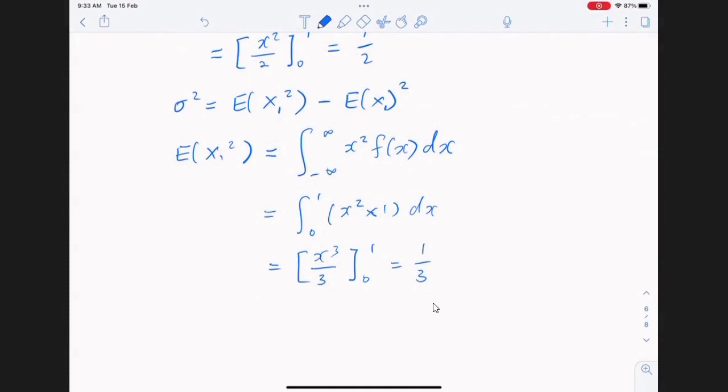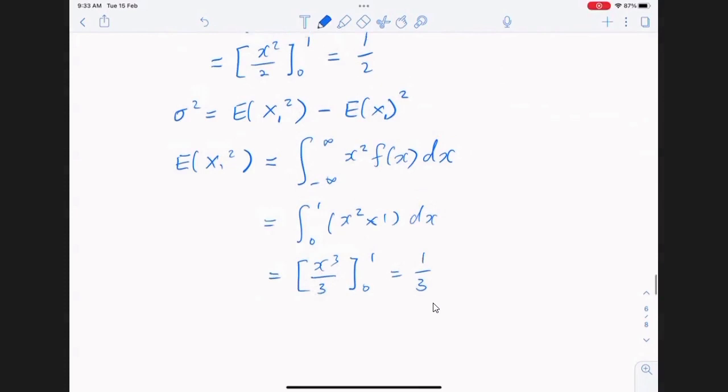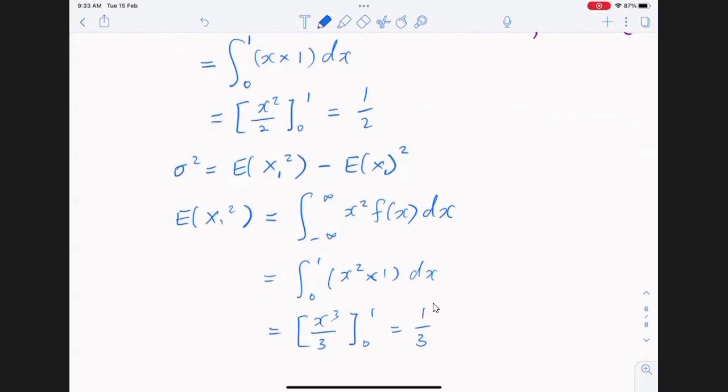Now this is not the end of the story. Remember, this is just an intermediate step. From my past experience, I find that students, when they are asked to find the variance starting from this formula, after they get this, they just stop. And of course, that is not complete. You also need to use this formula to compute the variance.